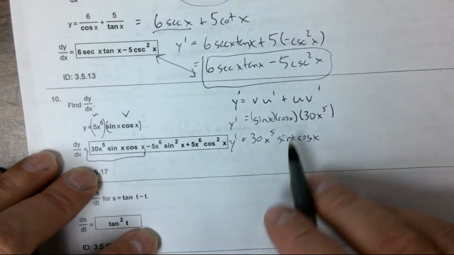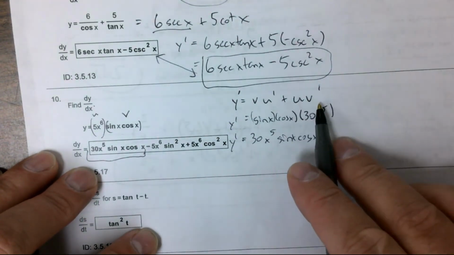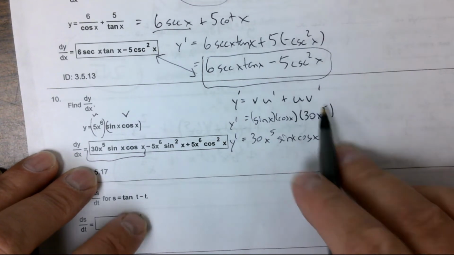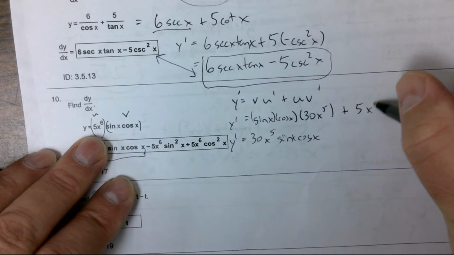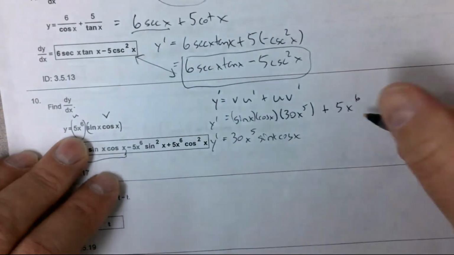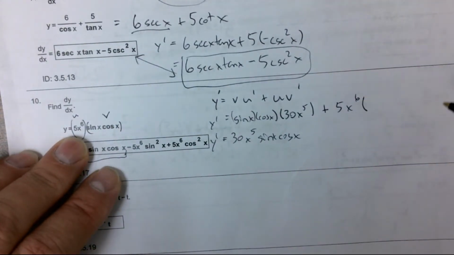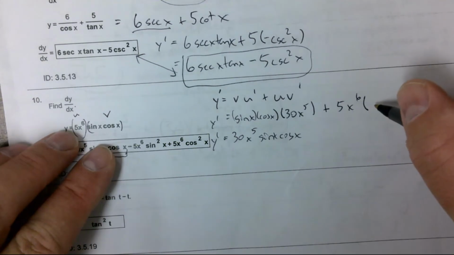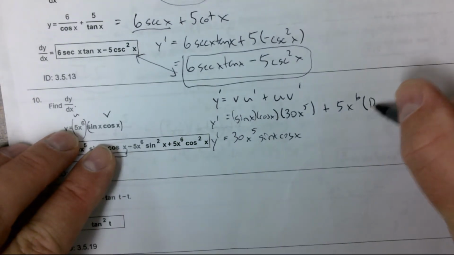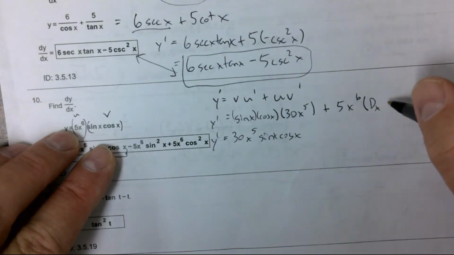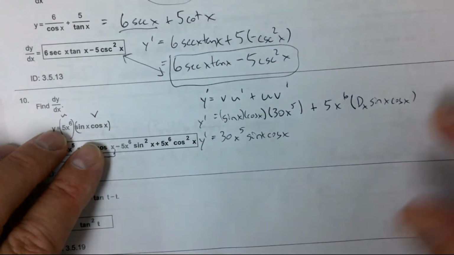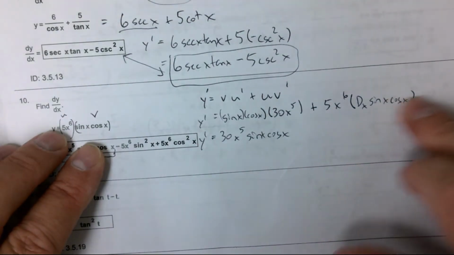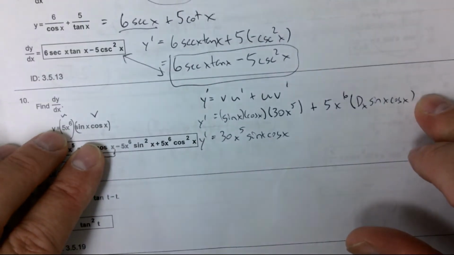Now, we also have u times v prime. So what that means is we have 5x to the sixth times the derivative. I'm going to do this with this notation of sine x cosine x. The reason why I'm going to do that notation is because that's going to be its own separate product rule.